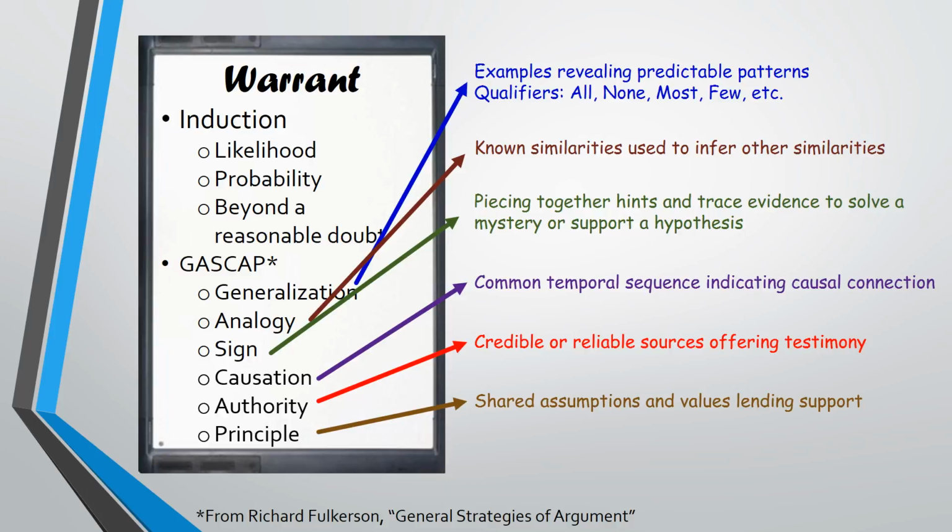Remember that we listed shared values or goals as a type of evidence, particularly regarding conclusions of value or policy. Principle is the warrant that supports the inference from a certain set of evidence to the conclusion that we should adopt a certain value or policy.